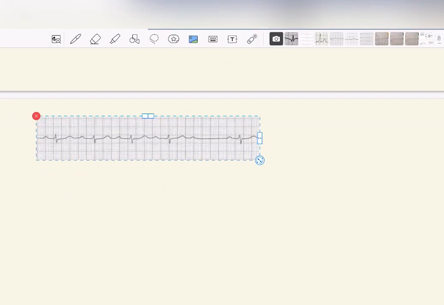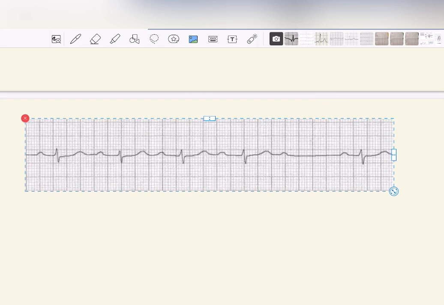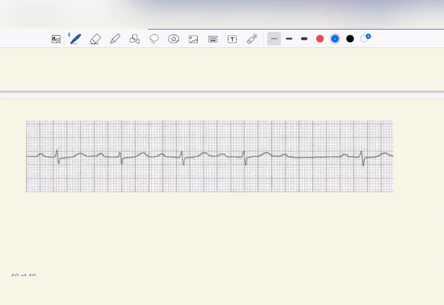Look at this ECG. What happened to this ECG? See, there are P waves, QRS and T waves. And what happened to the rhythm? Oh, there is a missed QRS, a missed beat.